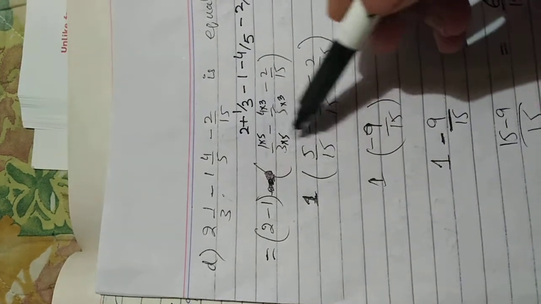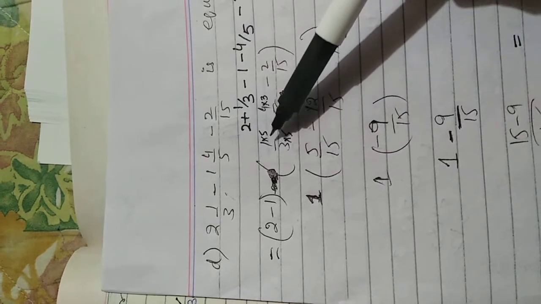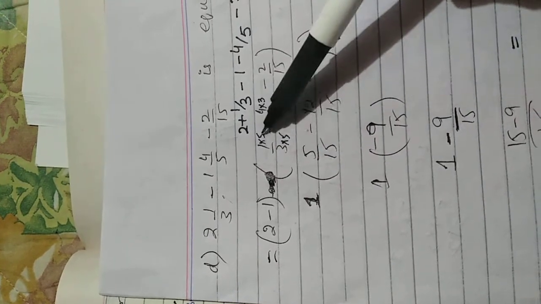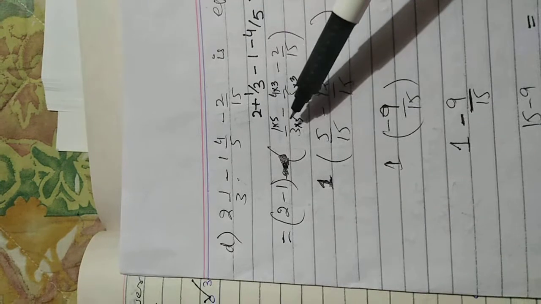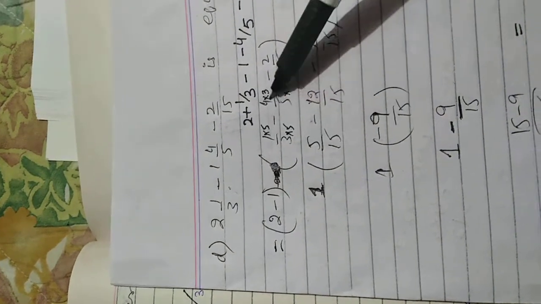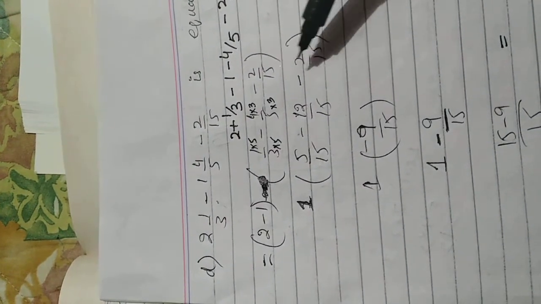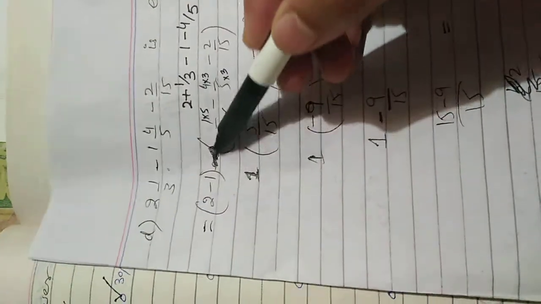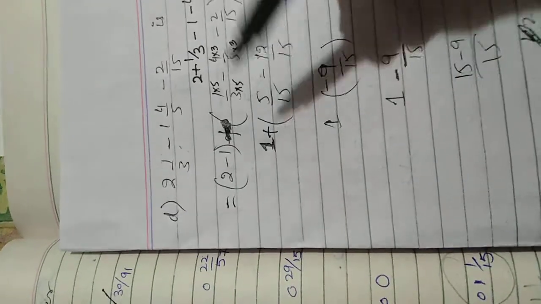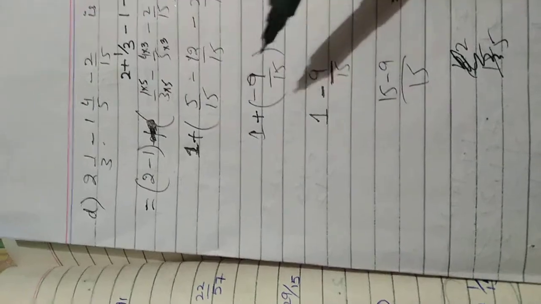So we write their equivalent fractions. 3 5 times 15, 5 3 times 15. We get an equivalent fraction by multiplying numerator and denominator by the same number. So the equivalent fraction of 1 by 3 is 5 by 15, 4 by 5 is 12 over 15, and write 2 over 15 as it is.